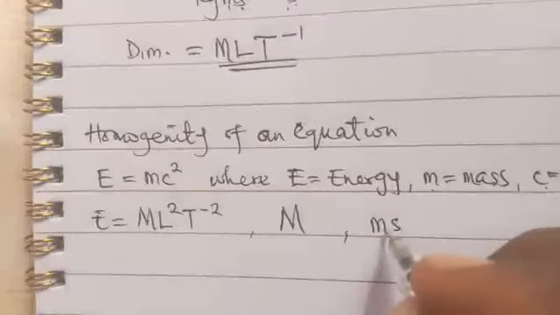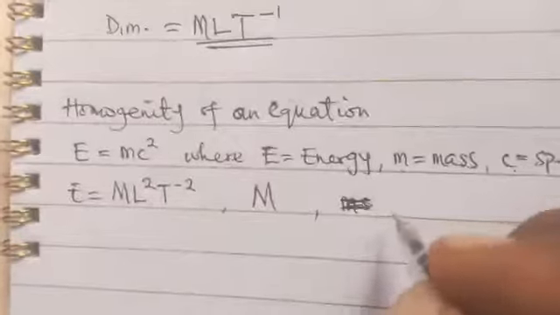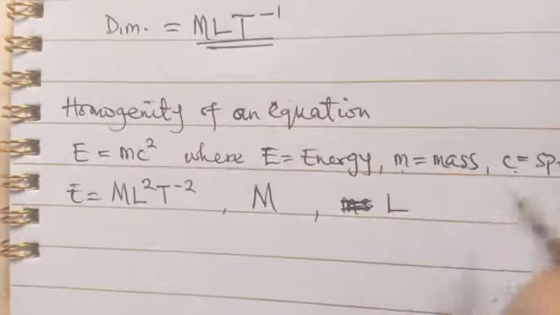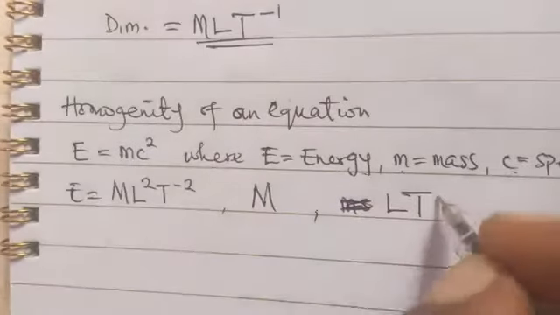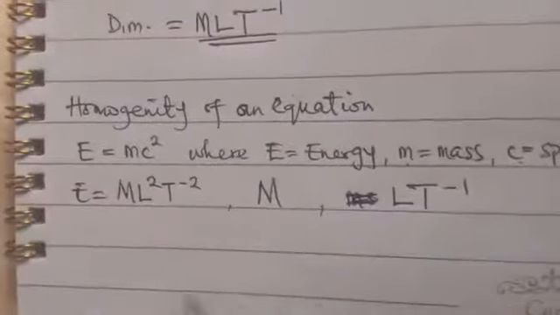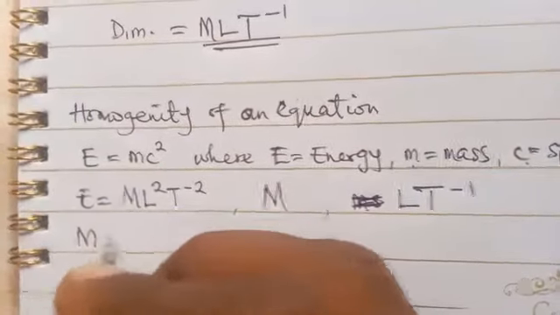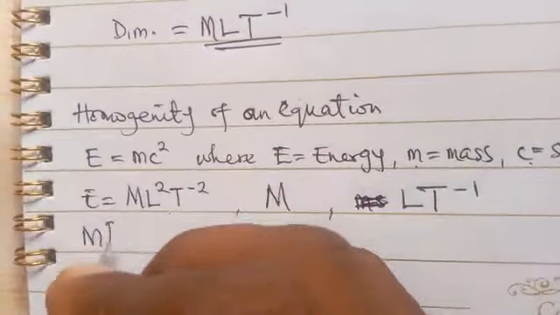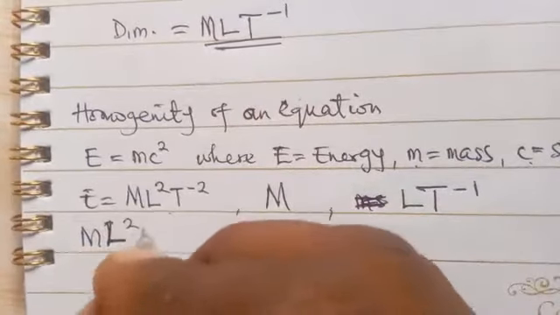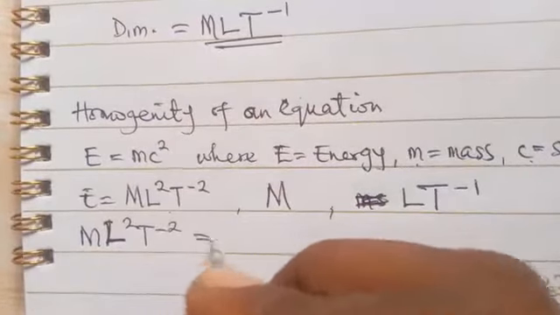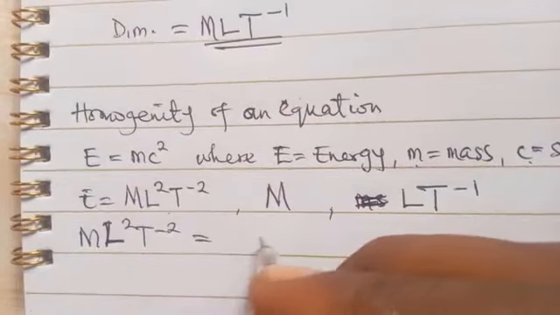Meters talks about length, per seconds is time. So if we put it down, energy, whether it is equal to mc squared.